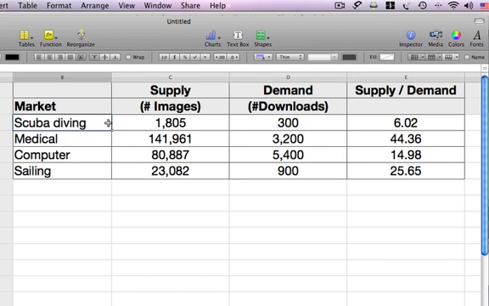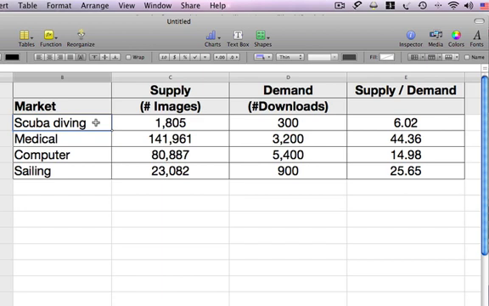For example, scuba diving in Caribbean might be extremely competitive, while scuba diving in Australia might not be competitive at all.